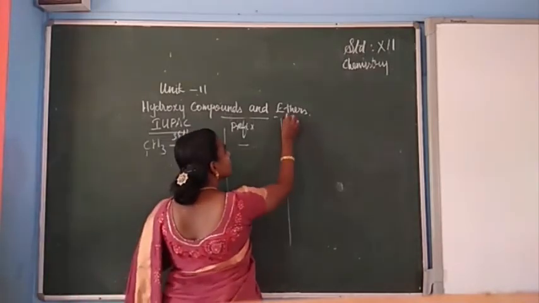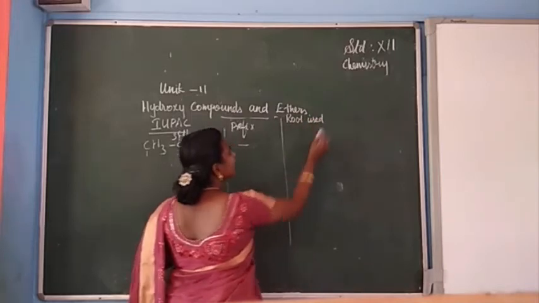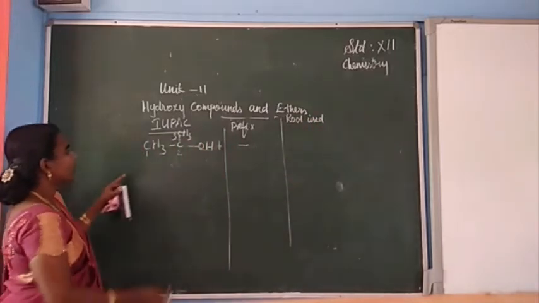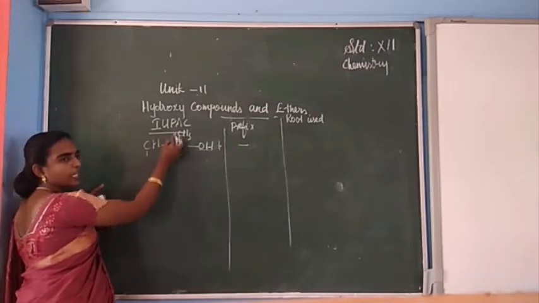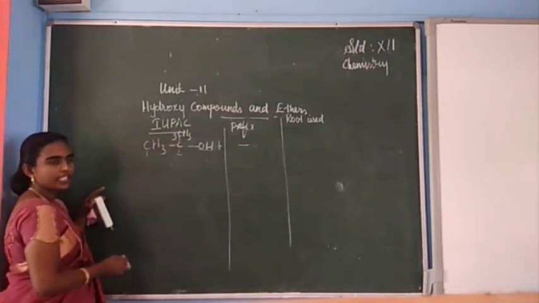Next, root word. The root depends upon the number of carbons in the chain: 1, 2, 3. A 3 carbon chain is there.